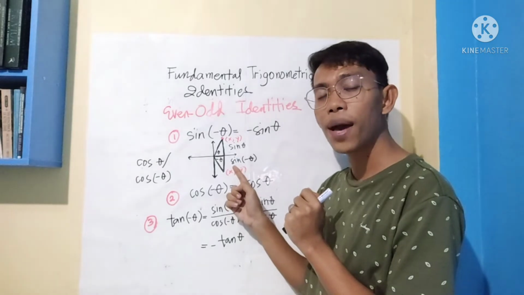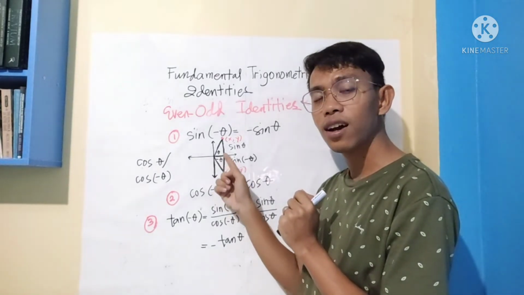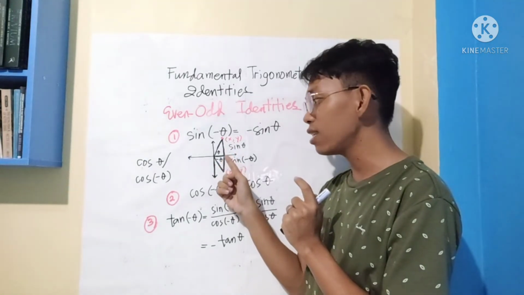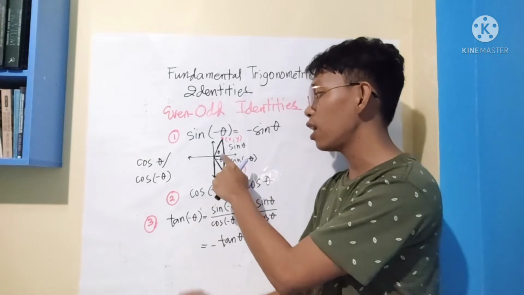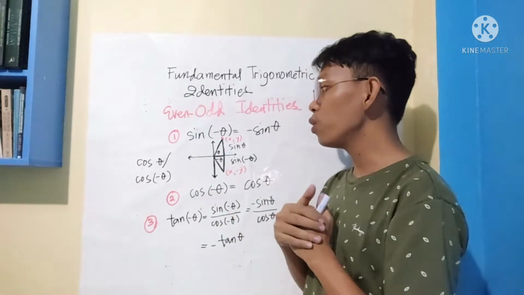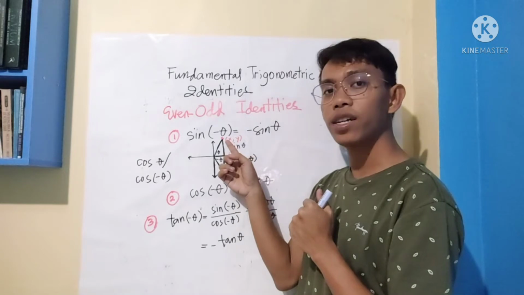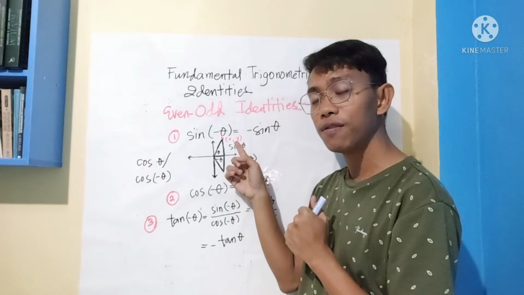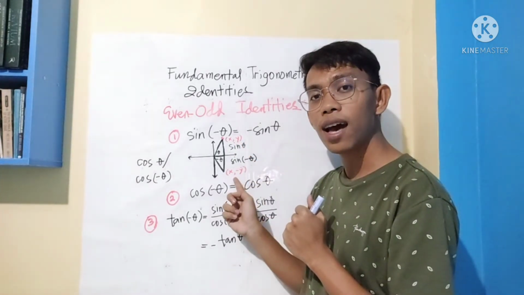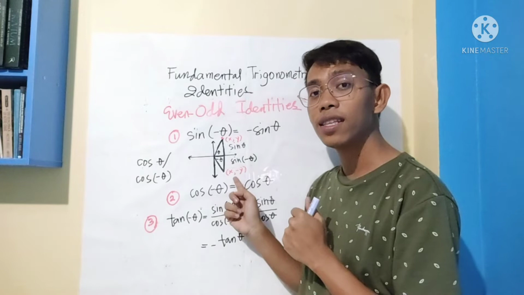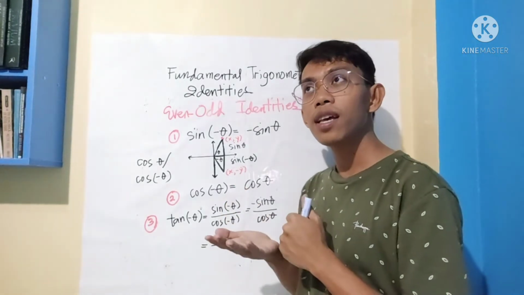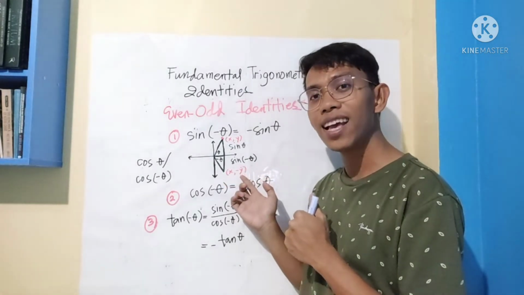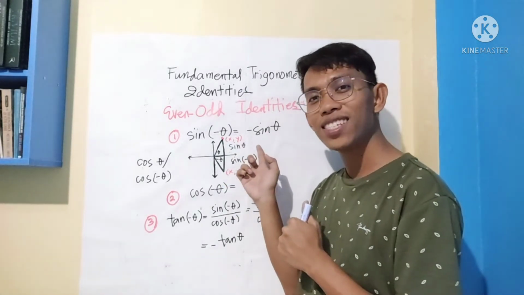So, we take note that the magnitude of these angles ay pareho, which means na pareho yung lengths ng sides na ito. Dahil yung ating point here ay nasa quadrant 1, then that means our y-coordinate is positive. While this one naman ay nasa quadrant 4, kaya yung y natin is negative. So, that means para maging equal yung dalawa, we have to multiply one of them by negative 1. Thus, we have this identity.